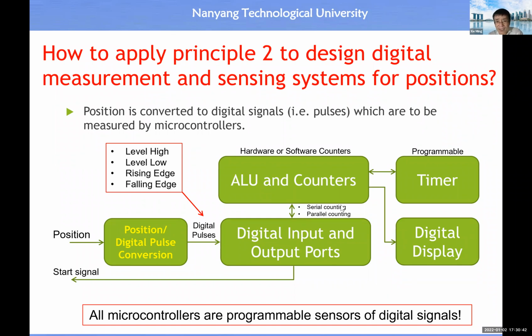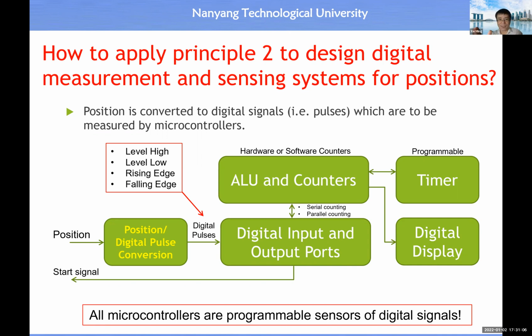Here you will see the microcontroller could undertake serial counting, pulse by pulse, or parallel counting. That means you have an 8-bit or 16-bit or 32-bit spatial pulse at the input, then in a single cycle the microcontroller should be able to read the value.